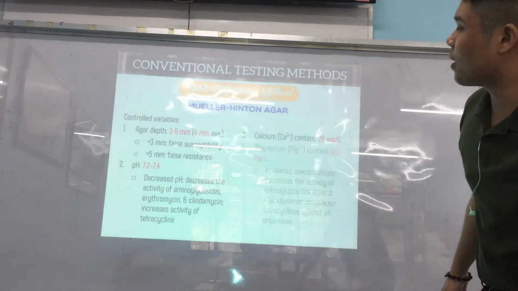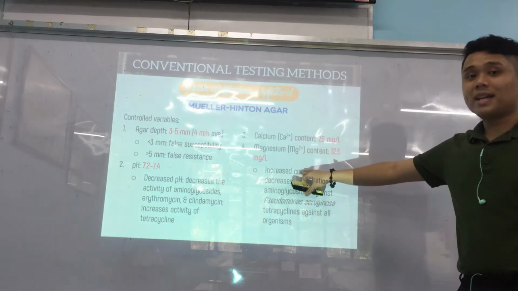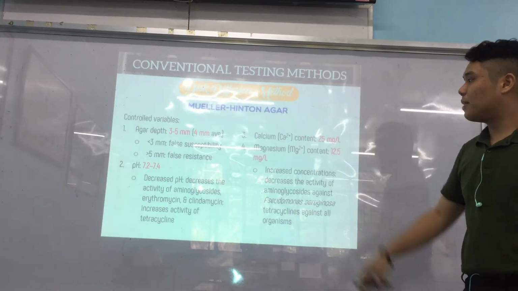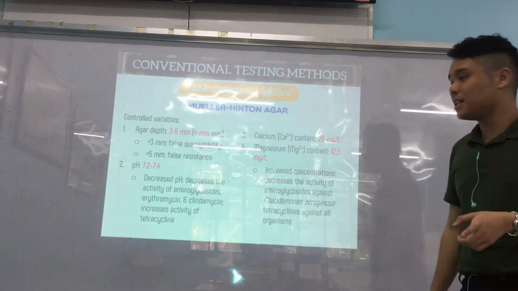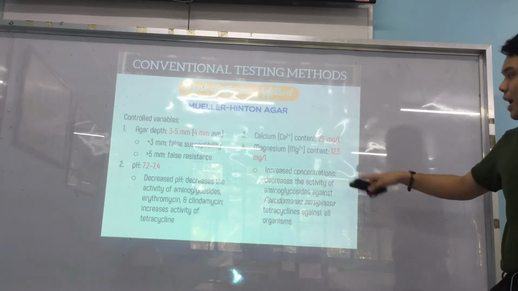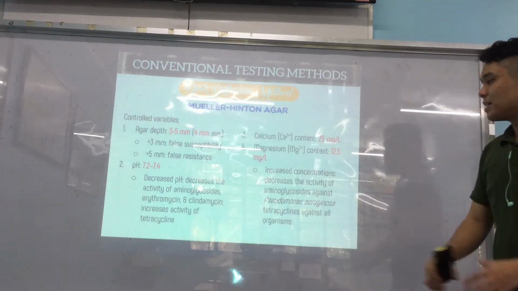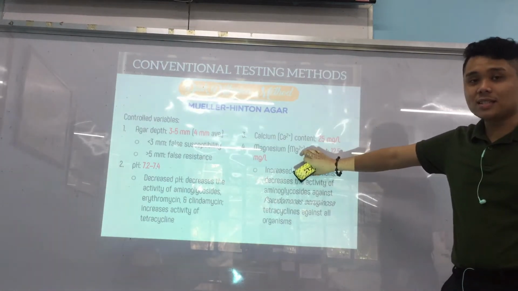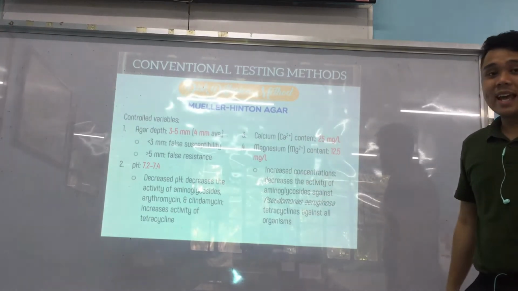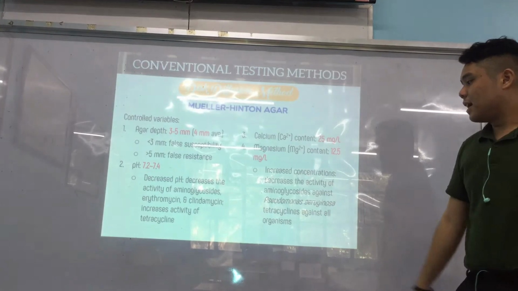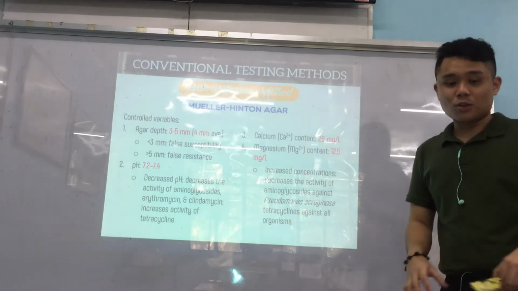And also we have different concentrations of calcium and magnesium because ang calcium dapat it's only about 25 mg per liter and ang magnesium is also 12.5 mg per L. So dapat 1/2 ra ani. Because again, increased concentrations of this kay i-decrease yung activity of aminoglycosides against Pseudomonas aeruginosa and tetracyclines against all organisms.